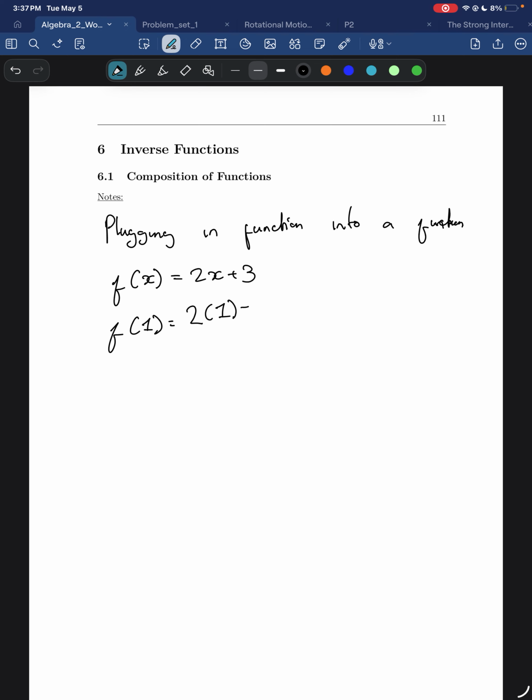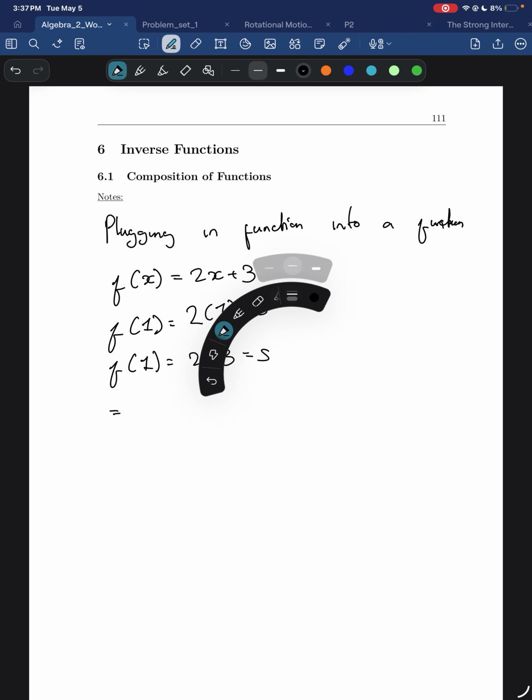Then f of 1 equals 2 plus 3, which is equal to 5. So what you see here is the replacement of 1 everywhere you see x.